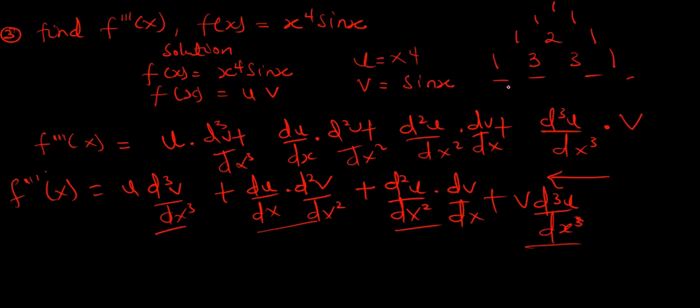So we multiply the first term by the first coefficient, so here will be 1. Here will be 3, the second coefficient, right? Here will be also 3, and here will be 1.